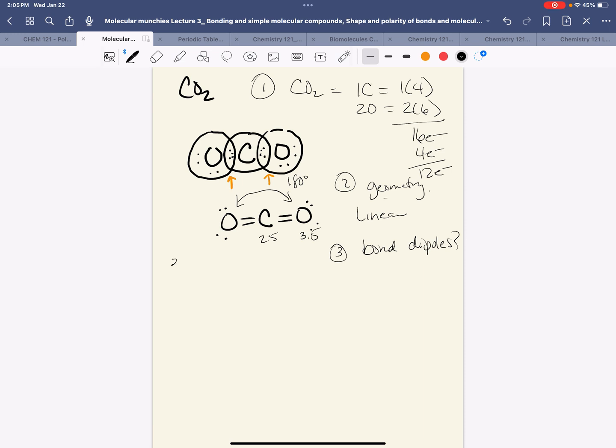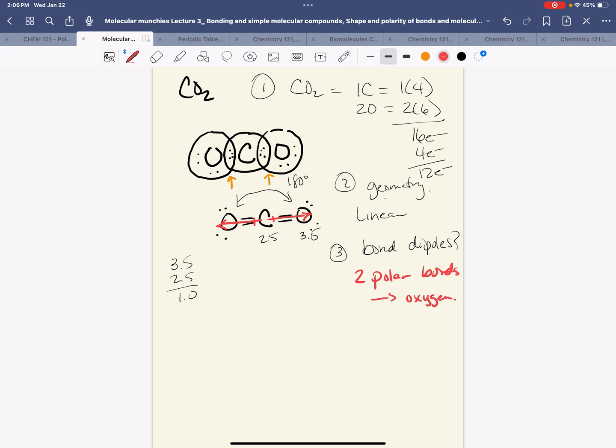When we do that subtraction, we find that that's a difference of 1, which qualifies as a polar bond, which means I have a bond dipole in that direction, and I have a bond dipole in that direction. So I have 2 polar bonds, right, in the direction pointing towards the oxygen.